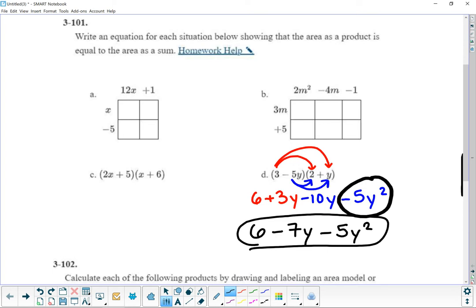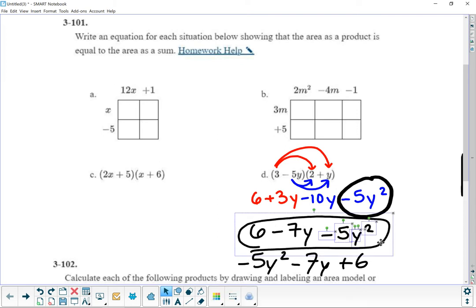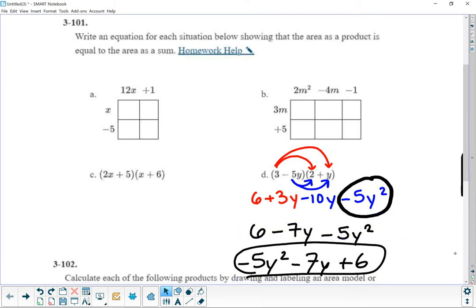Okay, all the other answers that we've been doing for parts A, B, and C, we've been going in descending order. Or starting with the square, and then doing the term with the one power, and then the term with no power. Okay, so for example, we can also rewrite this as negative 5y squared minus 7y plus 6, and this would be okay as well, but this will be in descending order, meaning starting from biggest and working our way down towards the smallest.